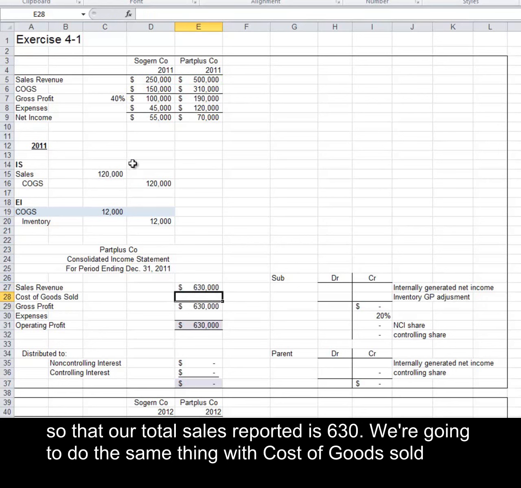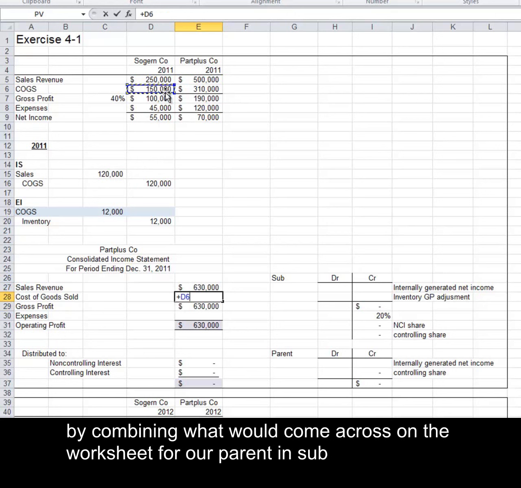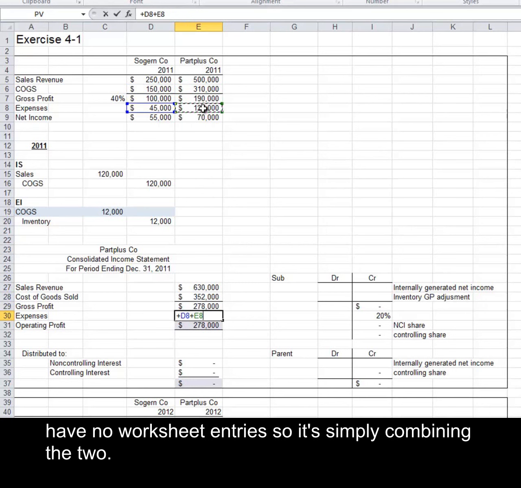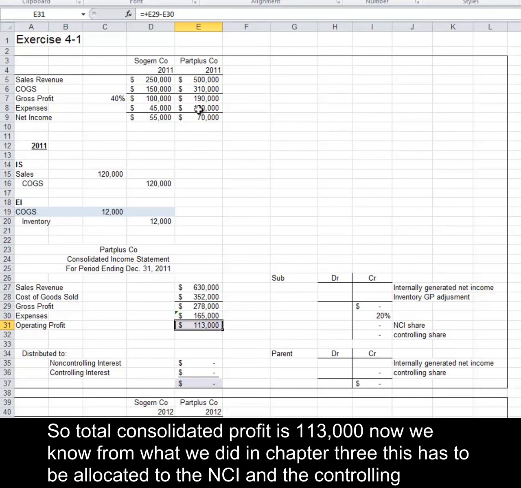We're going to do the same thing with cost of goods sold by combining what would come across on the worksheet for our parent and sub and impacted by our entries so that our total cost of goods sold is 352. The expenses here have no worksheet entries, so it's simply combining the two. So total consolidated profit is 113,000.